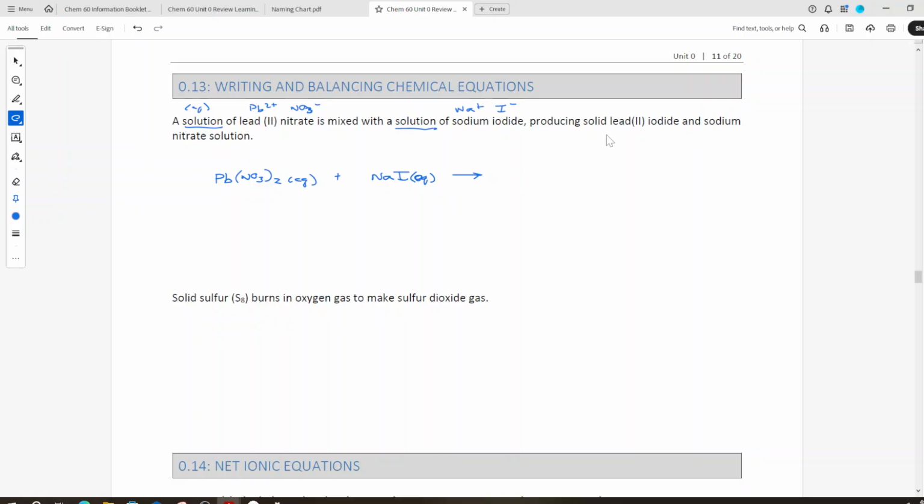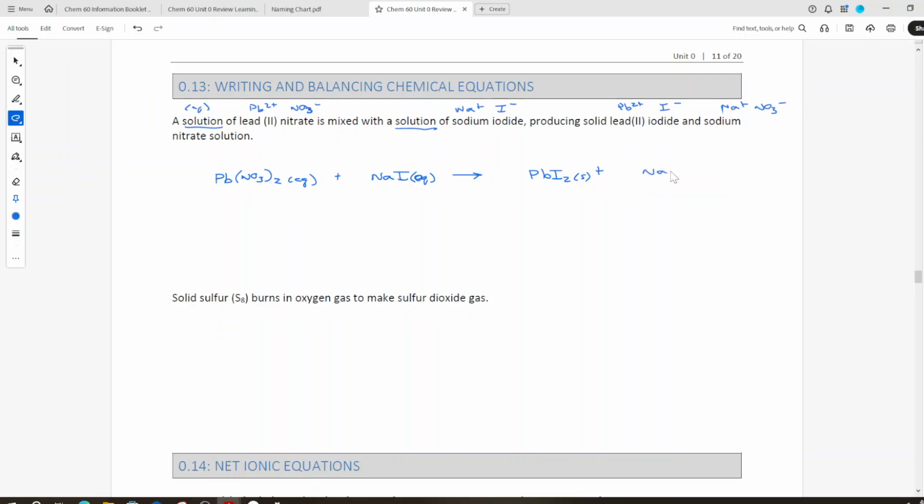Goes to produce solid lead 2 iodide. So lead 2, and then it's iodide. So again, it's I minus. So if I write that one, it's going to be PbI2, but this time it's solid. And then sodium nitrate. Sodium being 1 plus, nitrate being 1 minus.